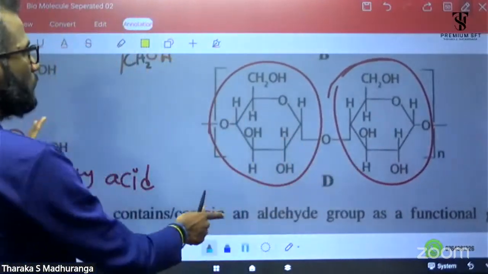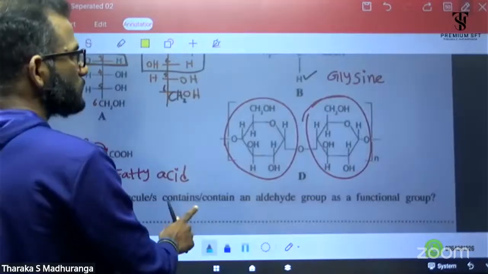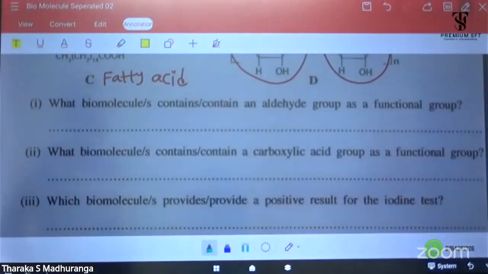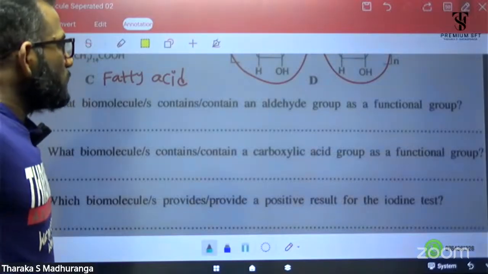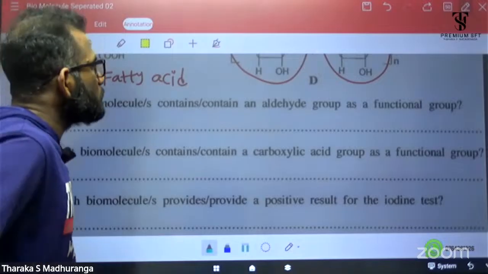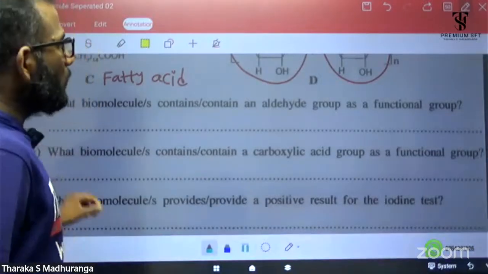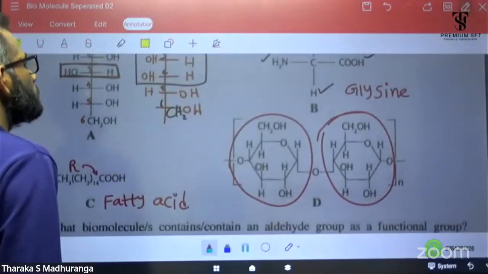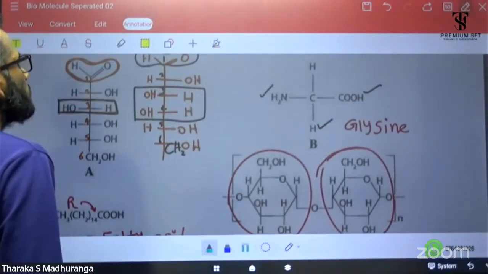Okay, let's move on to the questions. Which biomolecule or molecules contain an aldehyde group as a functional group? Aldehyde group means COOH group.